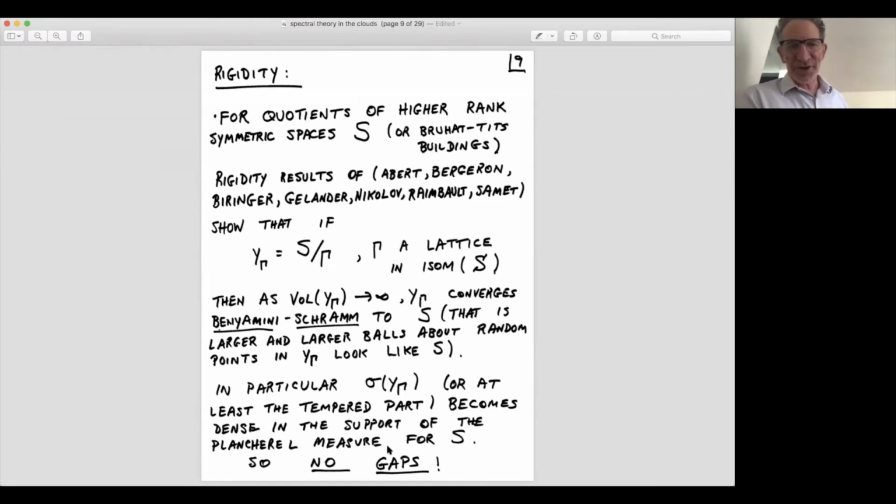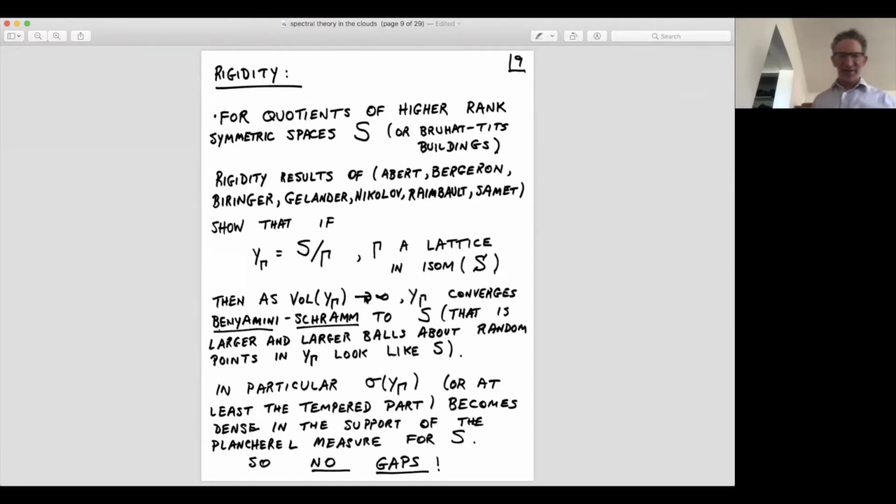But there's this remarkable theorem of the 7 samurai, as they call themselves, Bergeron, etc., which is a remarkable rigidity theorem: if you are in a higher rank situation and you take a compact quotient of a higher rank Riemannian symmetric space, it's got some volume, and you let the volume go to infinity, then no matter what you do, this sequence must Benjamini-Schramm converge to the universal cover.